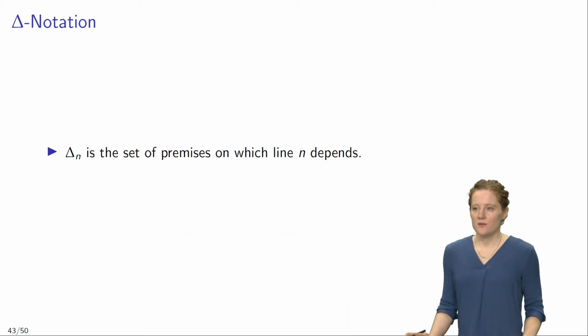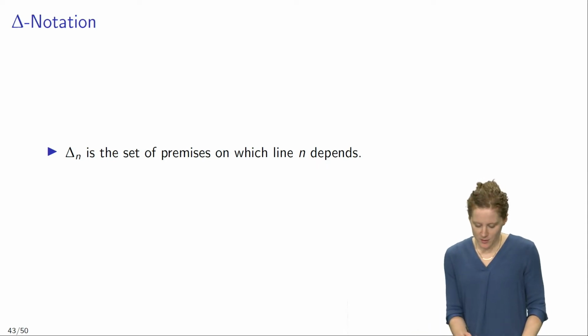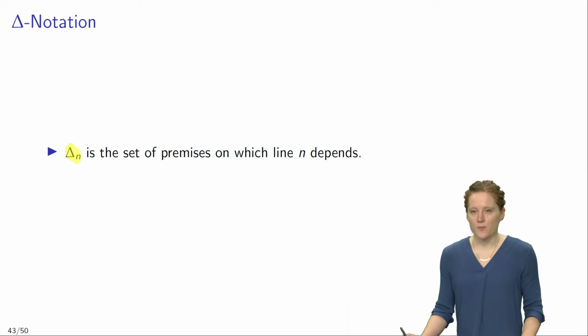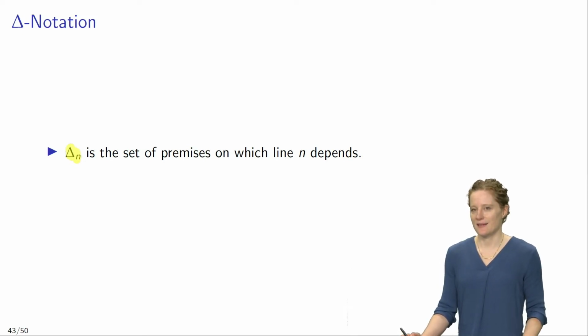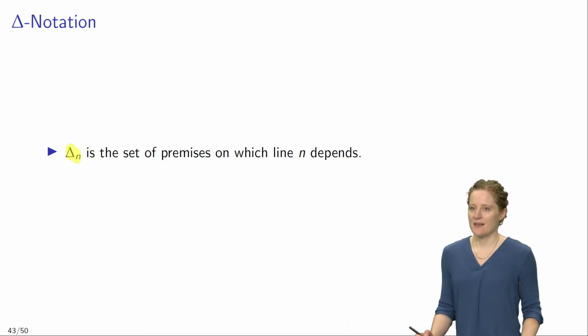Now, we will use a special notation for abbreviating some of the things that I just said. So I will call the set of premises on which line n depends delta n. So if n is a line in your proof, then delta n is the set of premises on which line n depends.